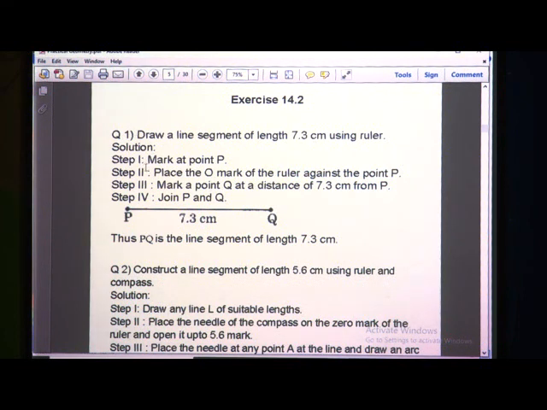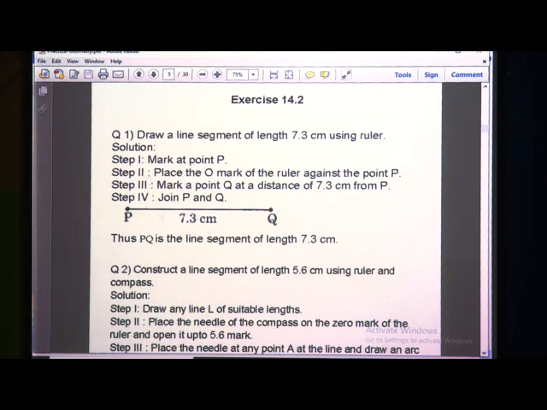So, the first step is to mark a point P. We have drawn a line, marked it as point P, and placed the 0 mark on the ruler against the point P. Using the compass we have taken the length of 7.3 centimeters, placing the pointer on point P and cutting the arc at Q, naming it as Q. So, we have PQ equal to 7.3 centimeters.